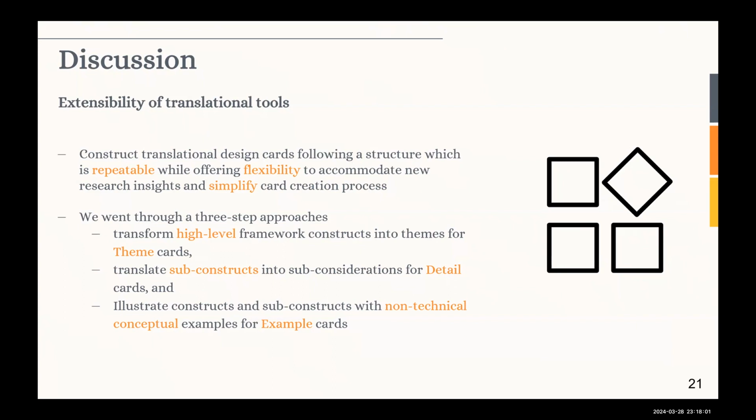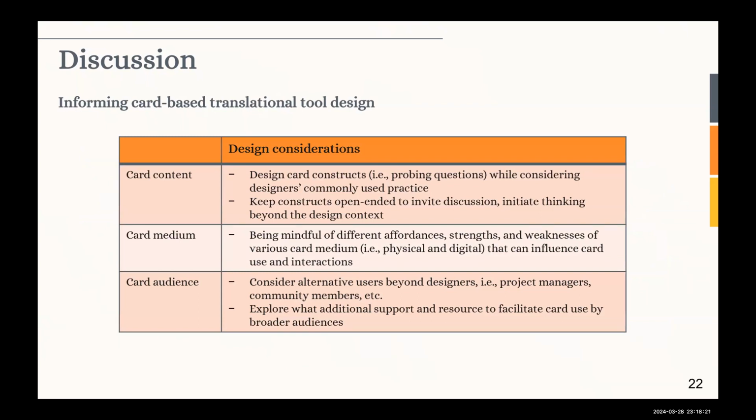That is, transform high-level framework constructs into theme cards, translate the sub-constructs into sub-considerations for detail cards, and illustrate constructs and sub-constructs with non-technical conceptual examples for example cards. And lastly, we provide design recommendations for card content, medium, and audiences to inform future design of card-based translational tools beyond the context of societal resilience.